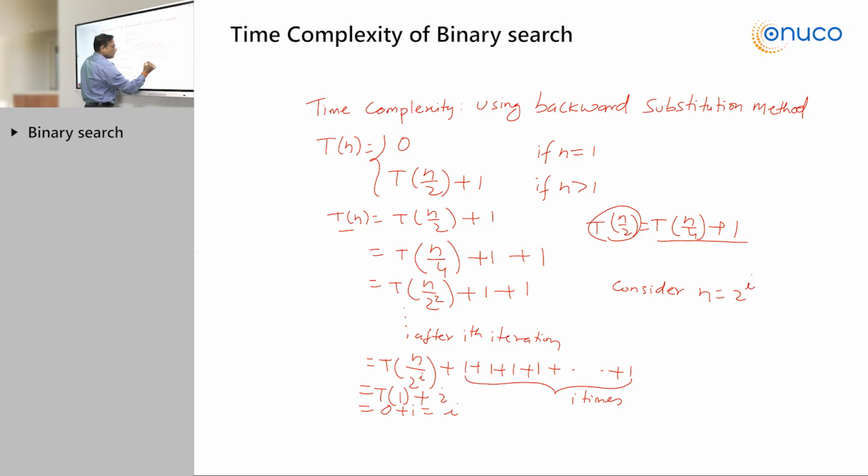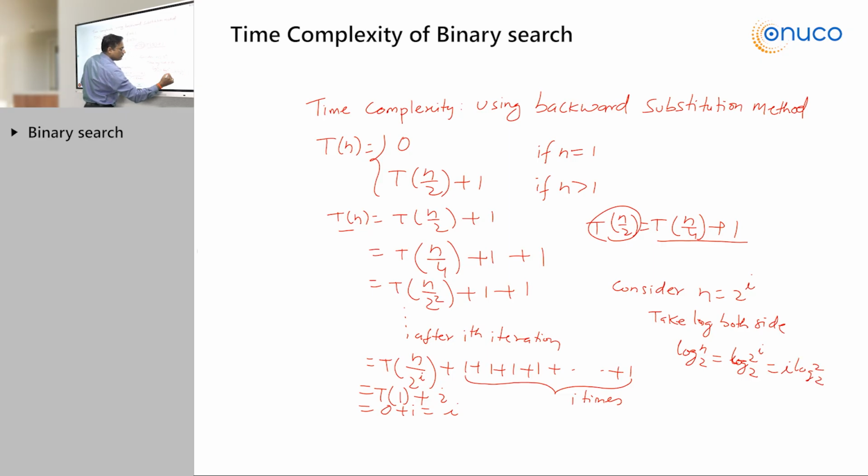So, if we take log on both sides, what will happen here? Log n base 2, right? And here we have log 2 power i base 2. We have taken base 2 because we need to take this i outside. So, this is basically i log 2 base 2.